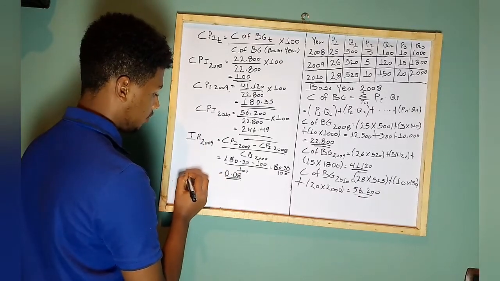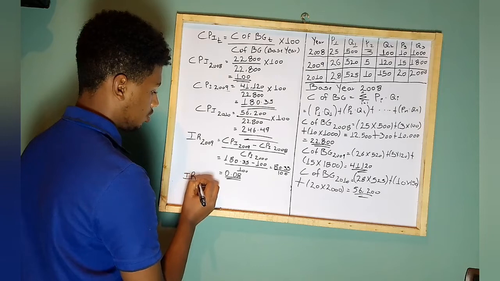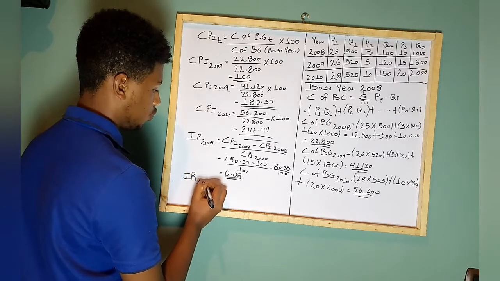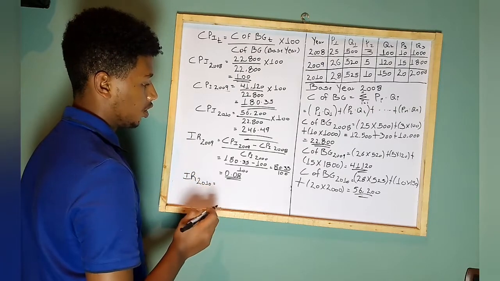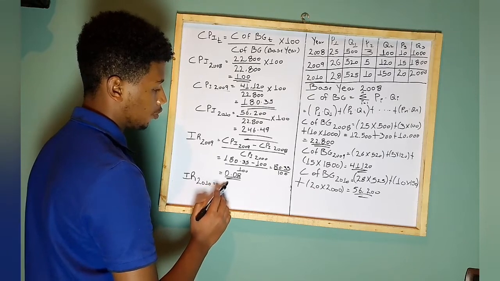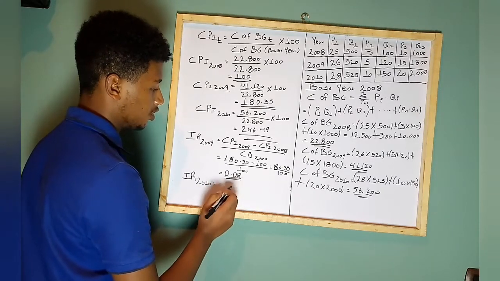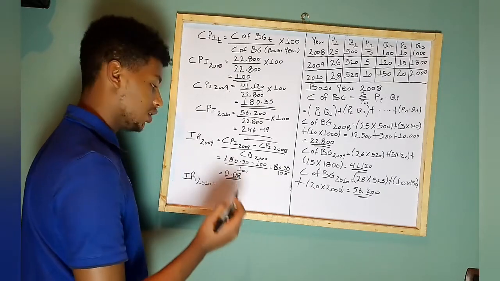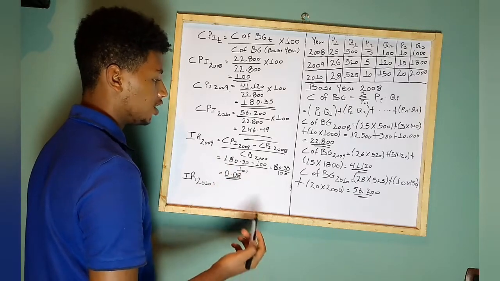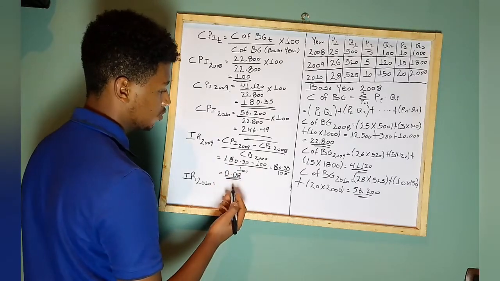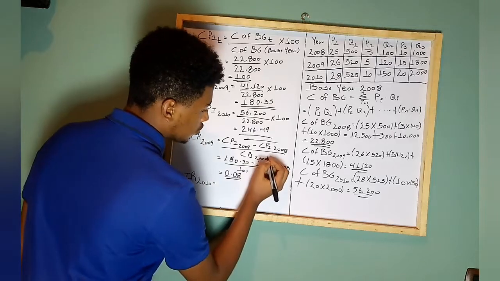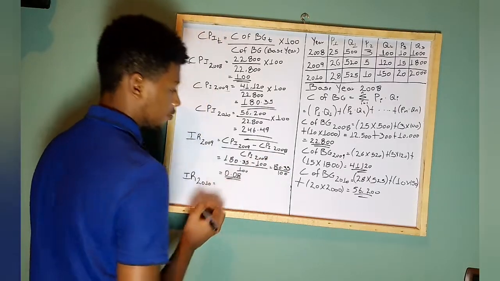And inflation rate for 2010 would be consumer price index for 2010 minus consumer price index for 2009 divided by consumer price index 2009. This is 2009, I'm sorry.